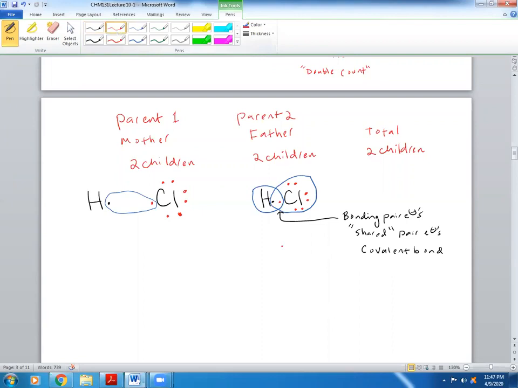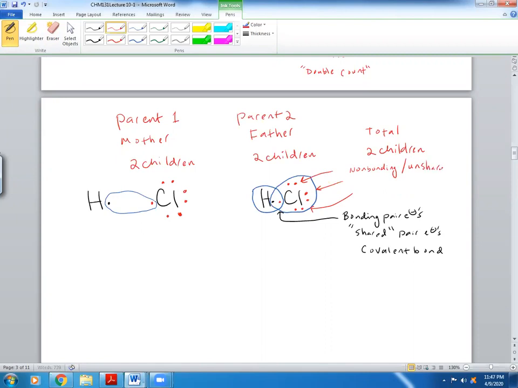Well, the ones that are not shared, what do you think they're called? All of these. Let me fix this one, the last one. Those are called non-bonding pairs, unshared pairs. I don't want to belabor this, unshared.